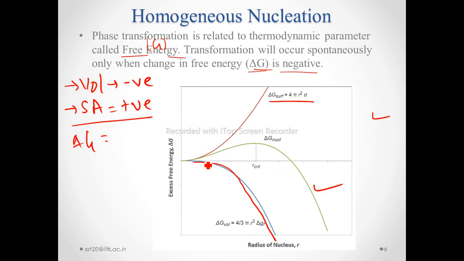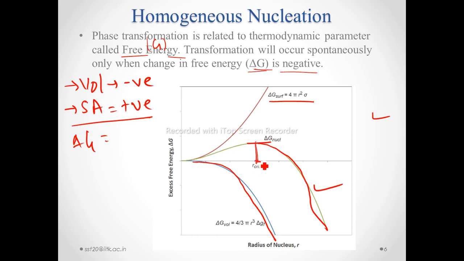Initially it goes on increasing. After some time it reaches a critical value. Again it decreases. In the next slide I will explain. So what is the importance of this curve?